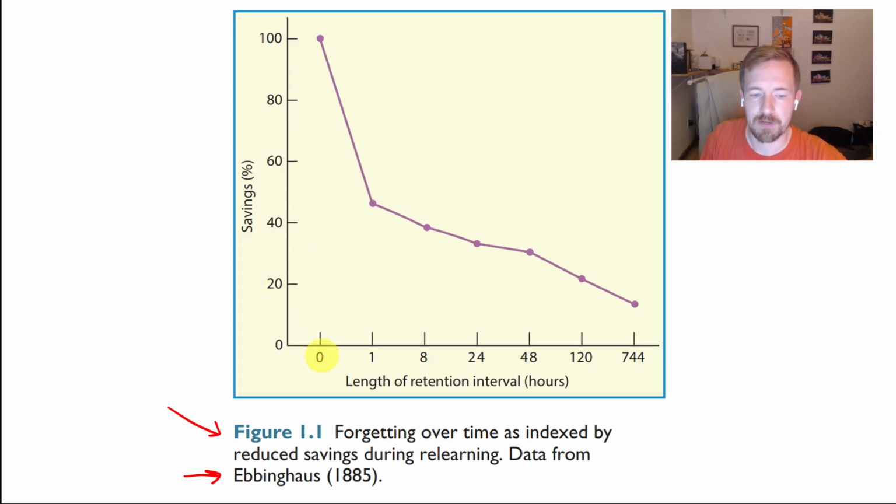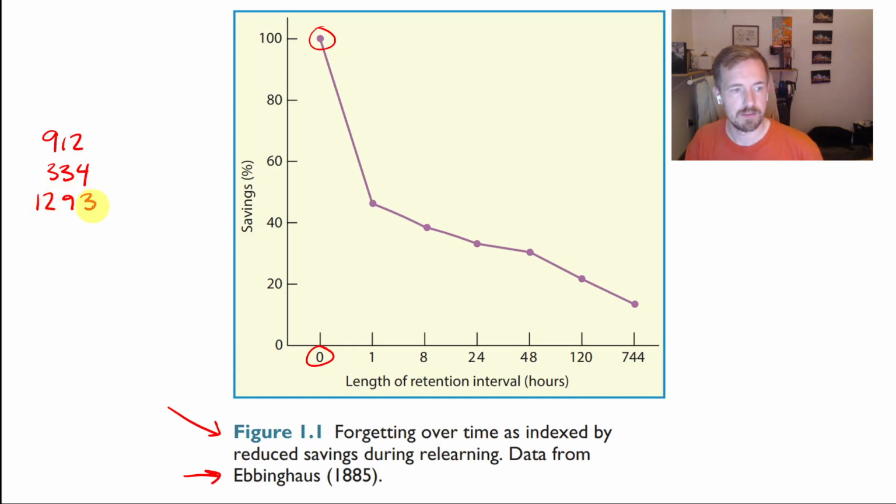So, for example, if they were tested literally as soon as they learned the list, their memory for that was about 100. We can try this just now. If I ask you to remember this phone number, this number, try to remember that.